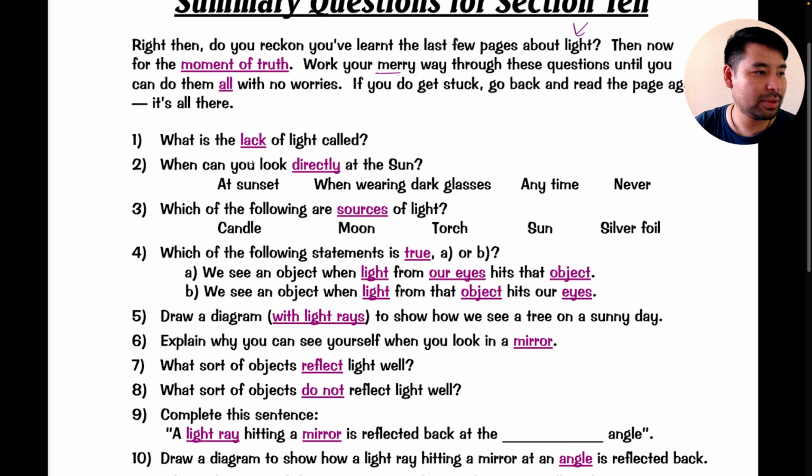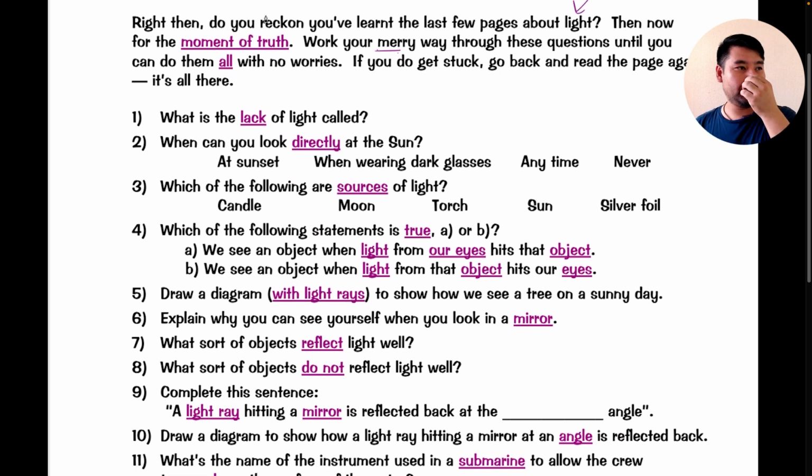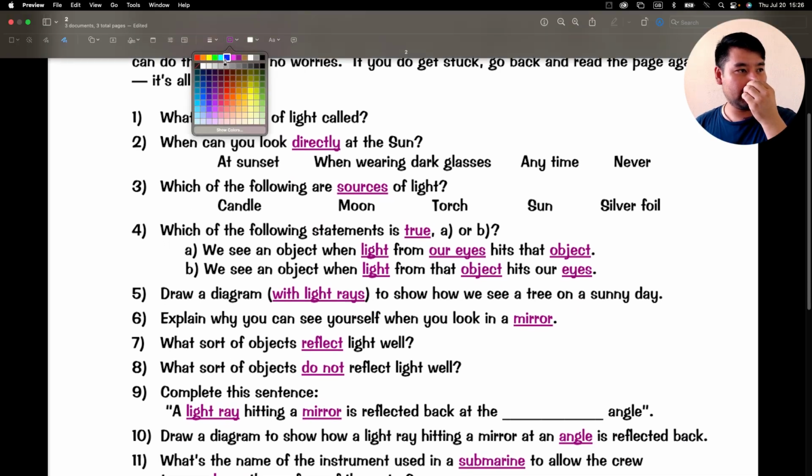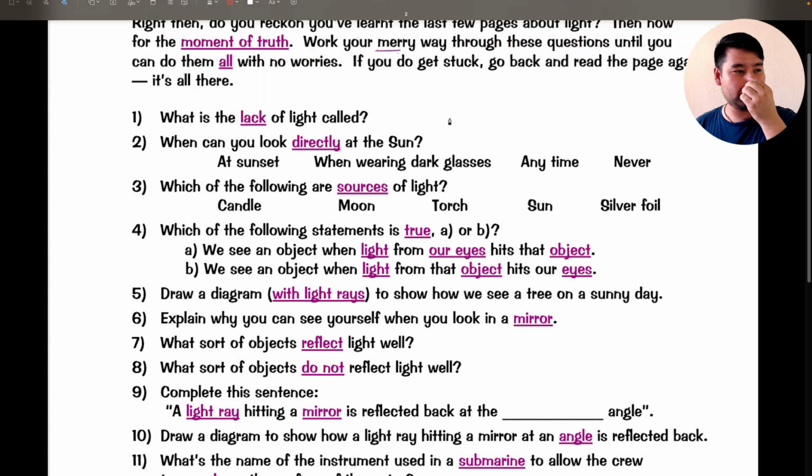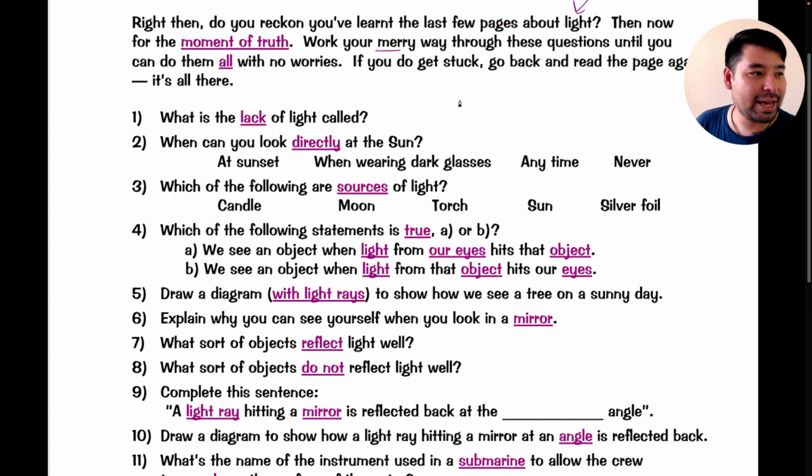So number 1. Let me change the color, by the way, because they are also using purple here. What is the lack of light called? Again, don't forget, lack means when you have no. This is the definition.